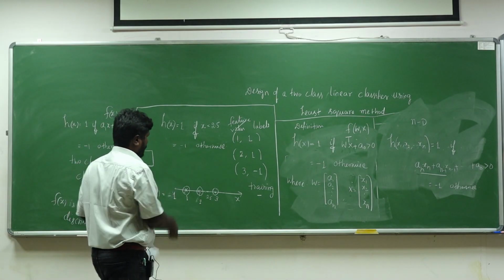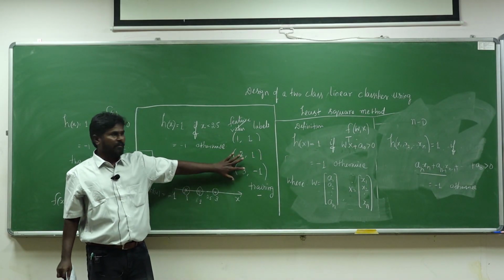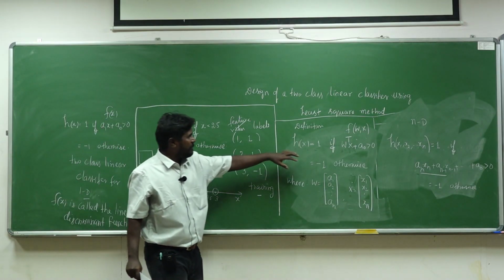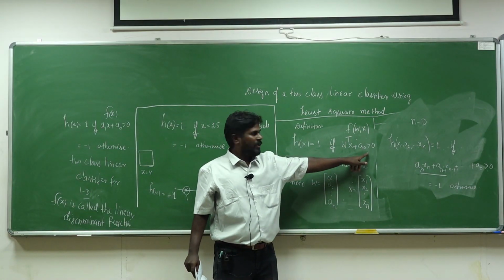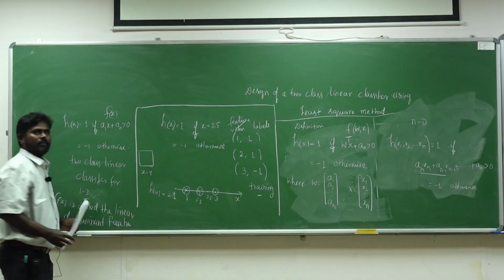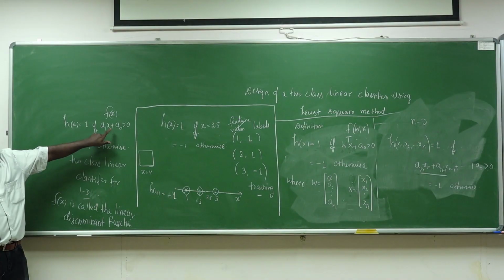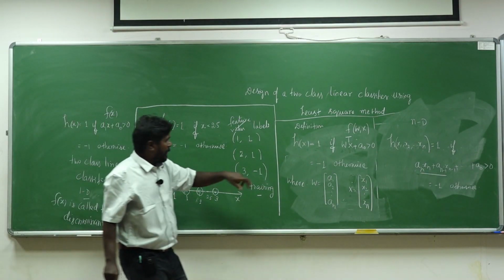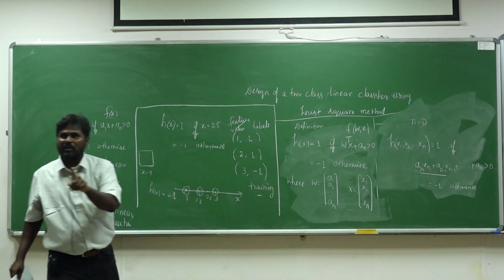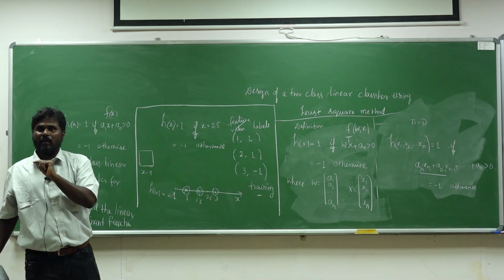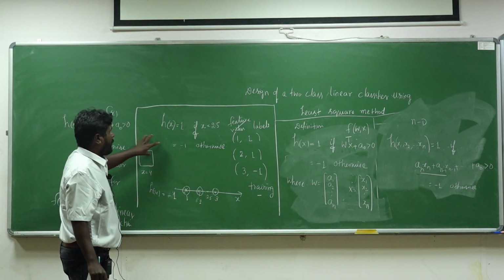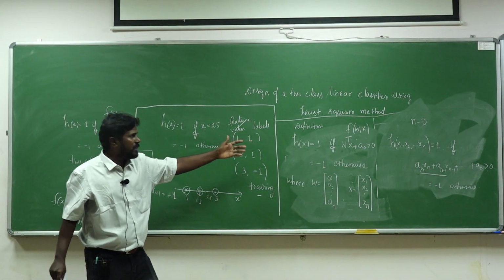Now we have this data. Can we get the parameters a1, a0? Why are we taking this? Because the data that we have considered here is one-dimensional.